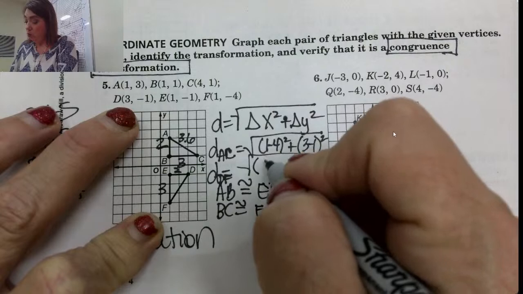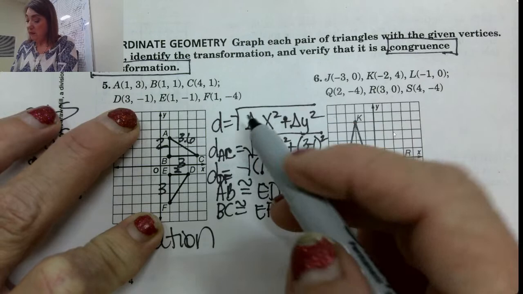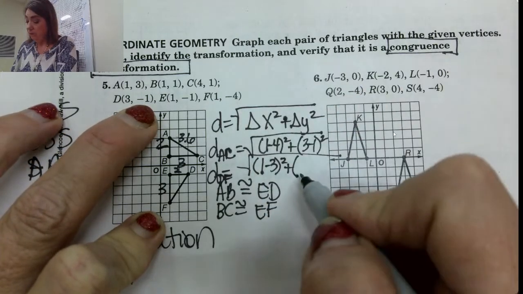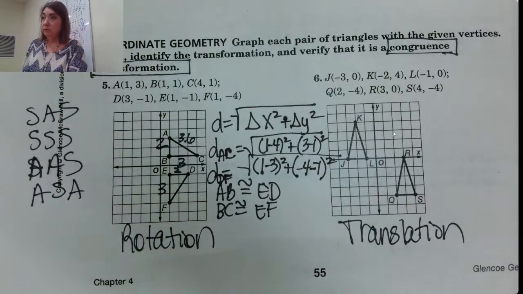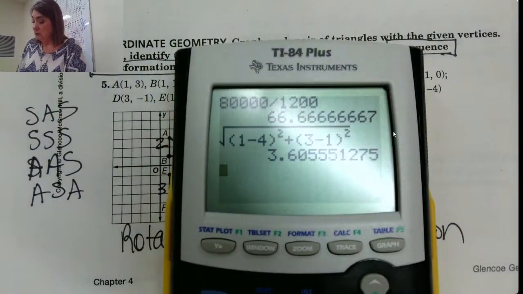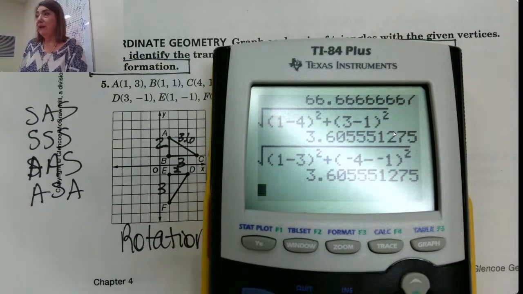So we're going to do 1 minus 3 squared plus, and then our y values, negative 4 minus negative 1 squared, right? I just did that wrong. And look what we got.